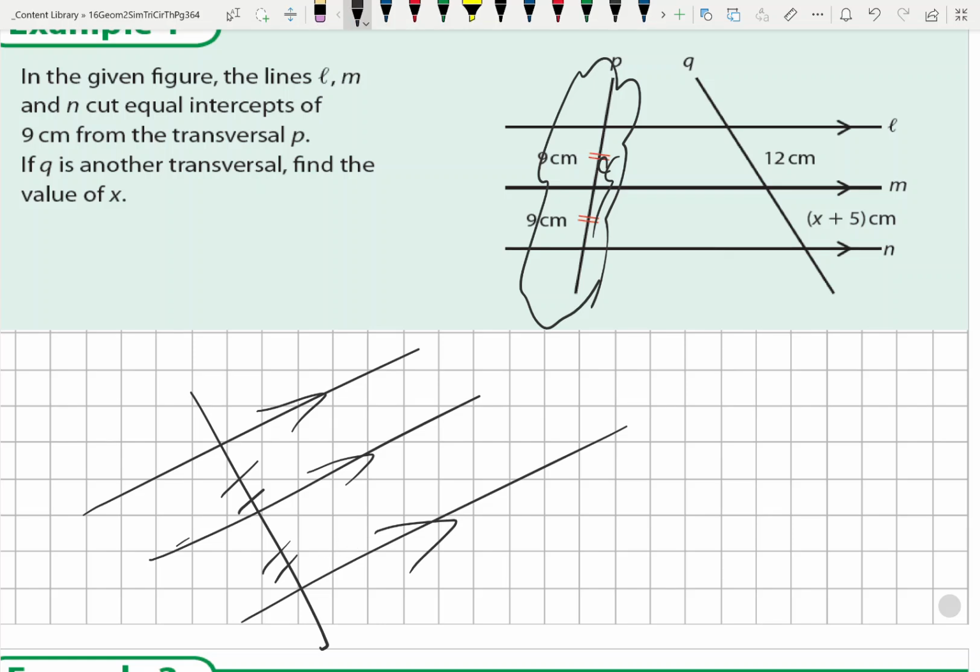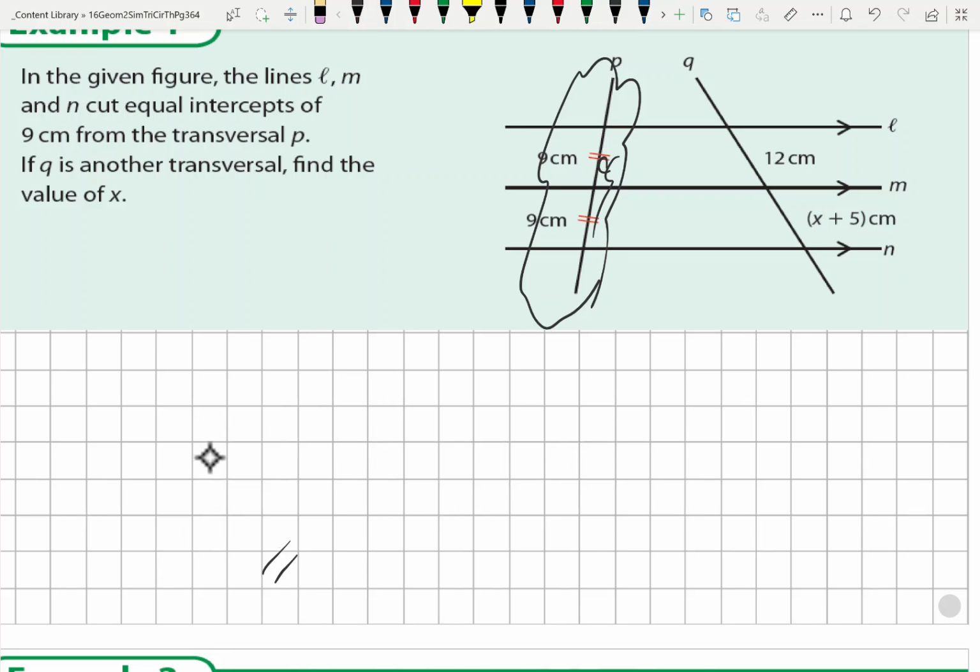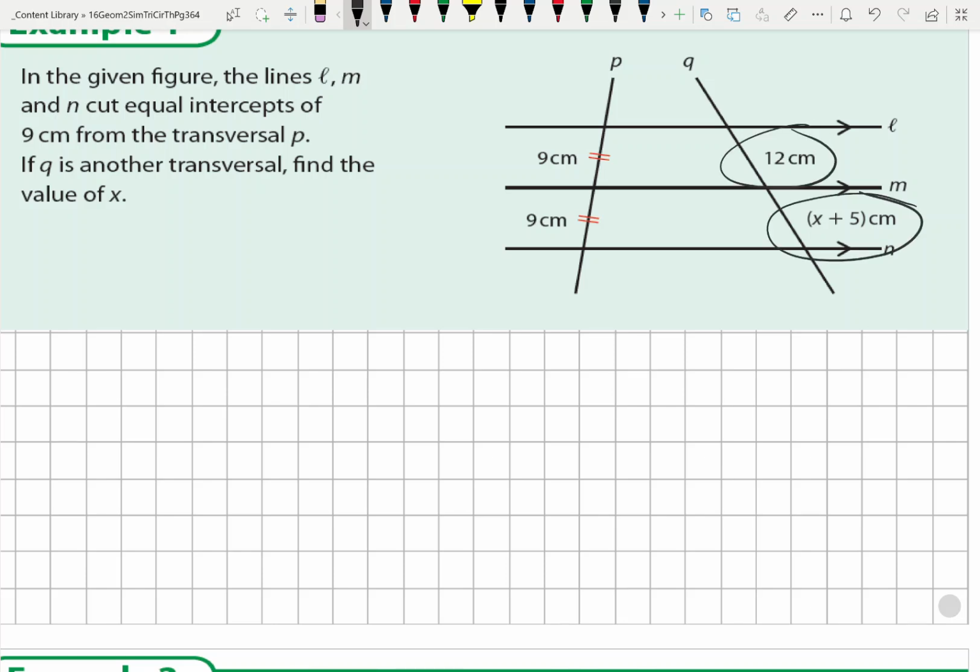And here's the theorem: any other transversal, say the more slanty I go, the longer these bits become, but nevertheless they're the same. So that's simple. That should make sense to you just from common sense. There is a proof. It's based on similar triangles, but right now we're not worried about the proof. We're worried about that equals that. Okay, that's simple.